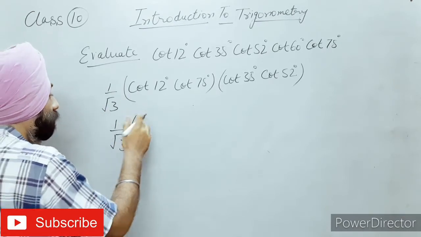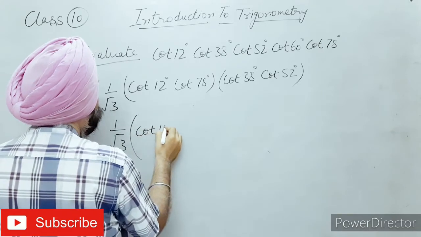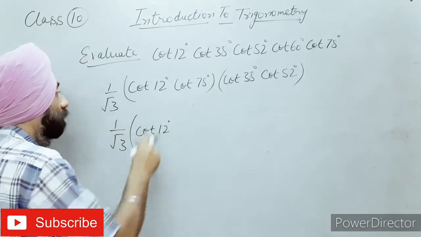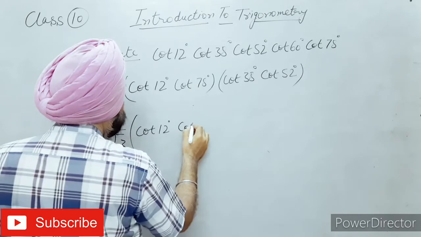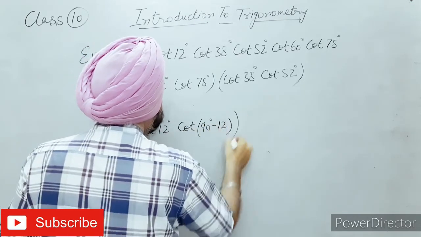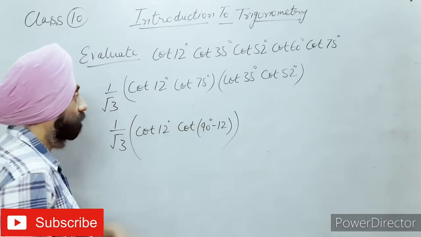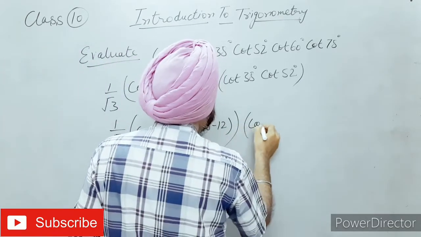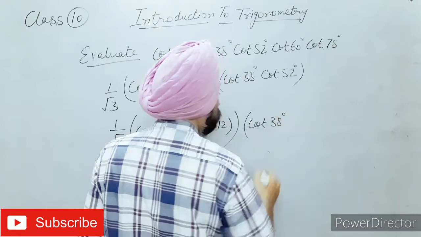Now 1 by under root 3. Just watch this step. Cot 12 as it is. Cot 78 can be written as cot of 90 degree minus 12. It's again 78. Then cot 38 degree as it is.